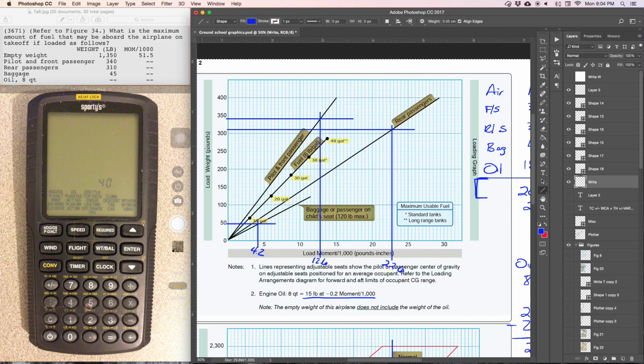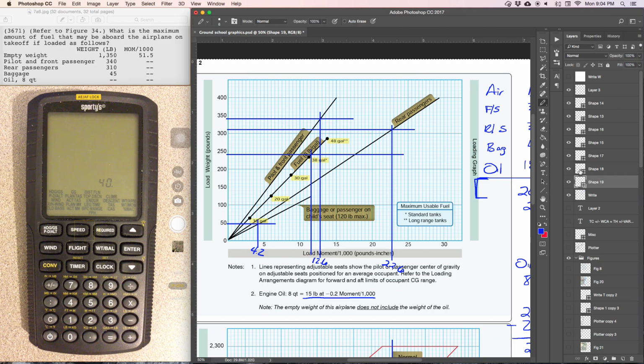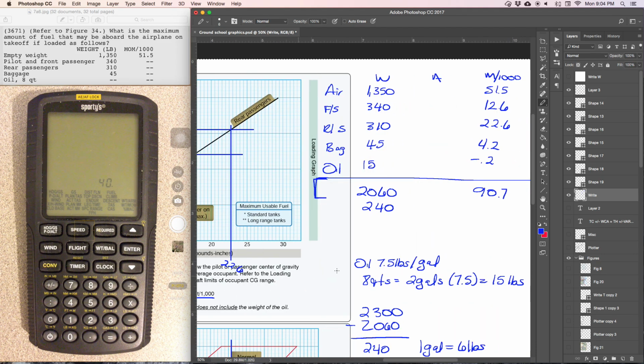So we're coming back over here, 240 pounds. We need to determine the moment of that 240 pounds. So we're about 10, 11, 12.